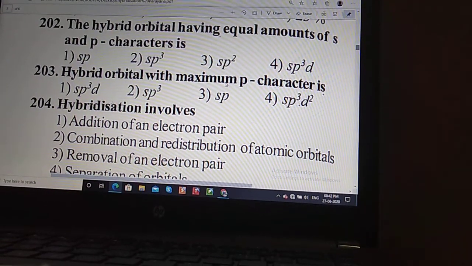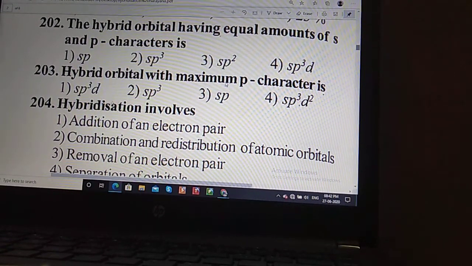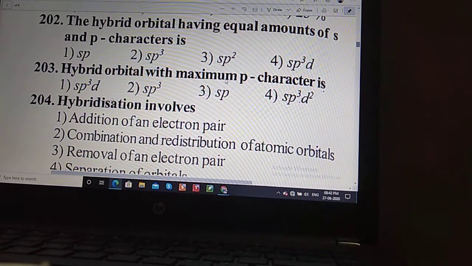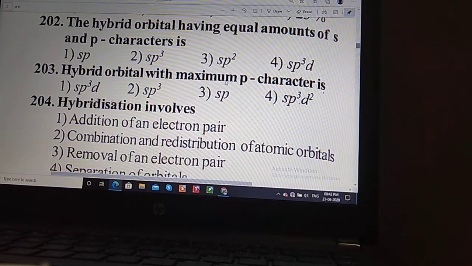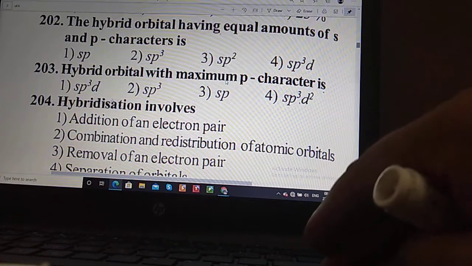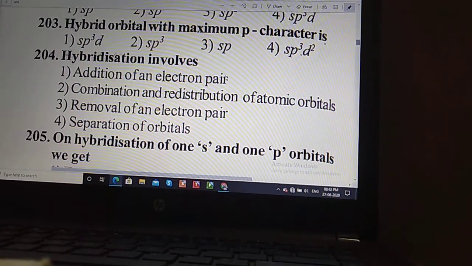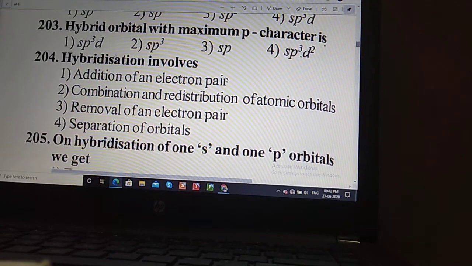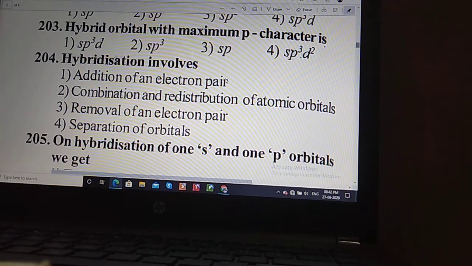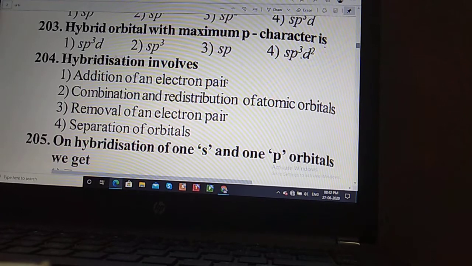Now move on to the next question. What is the next question, student? 204. Hybridization involves addition of an electron, that is wrong, student. Combination and redistribution of atomic orbitals, this is correct.